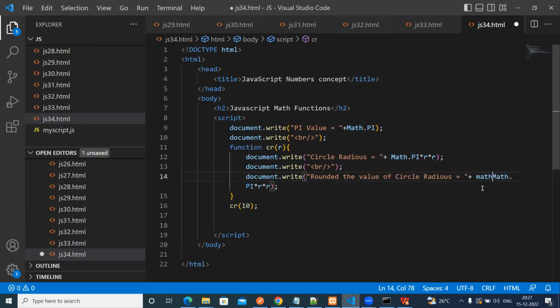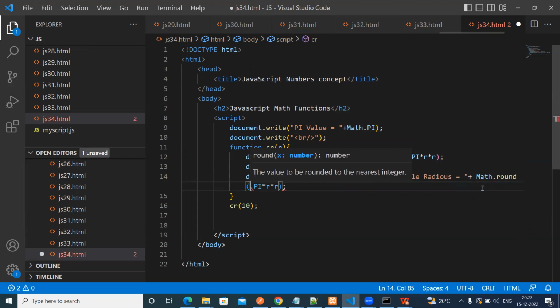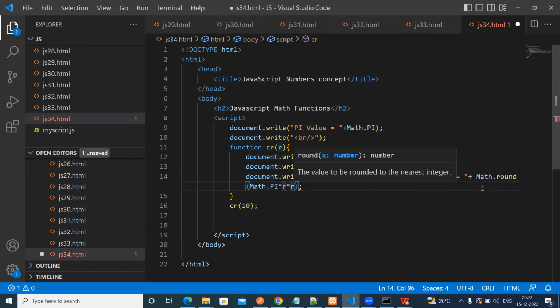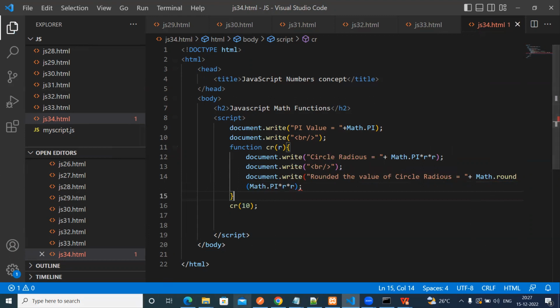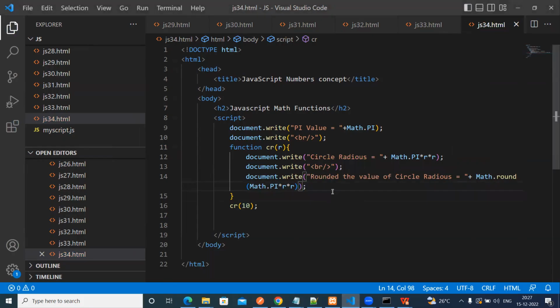So Math.round. Now you can see the value 3.14, because it is the nearest integer.